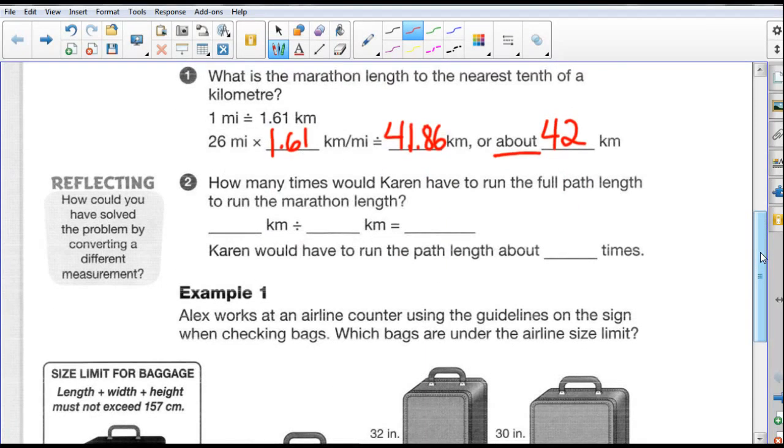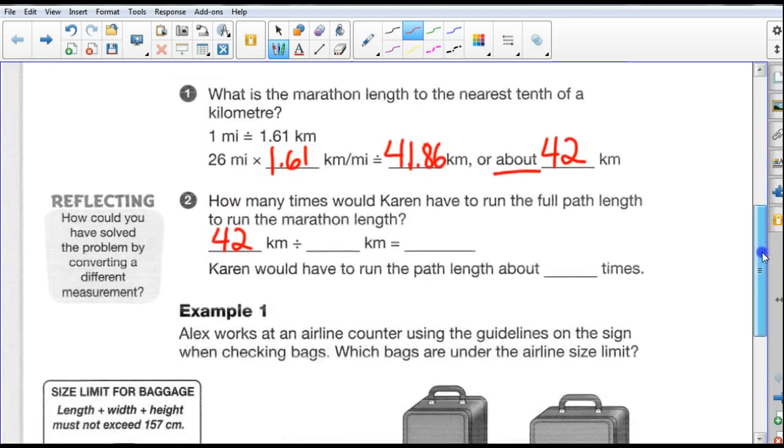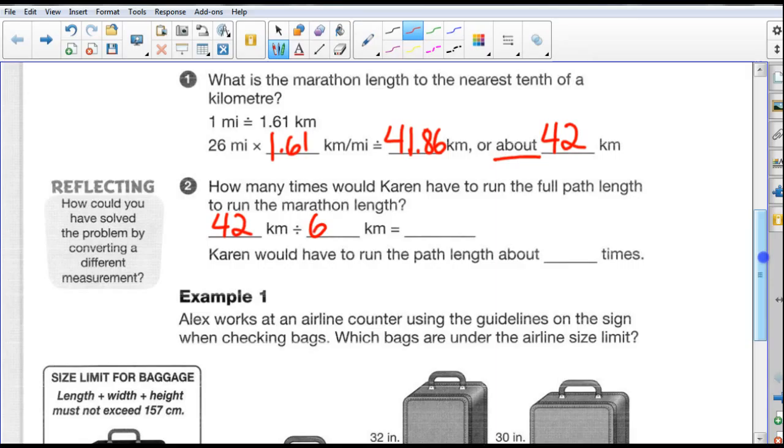How many times would Karen have to run the full path length to run the marathon length? Well, we know the marathon is 42 kilometers, and she practices 6.2 kilometers every day, so we divide that by 6.2.